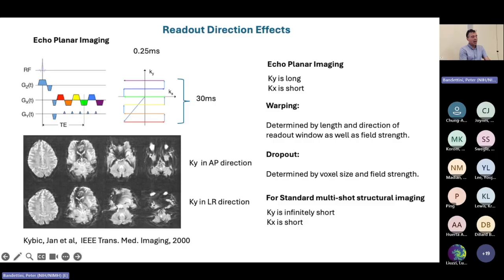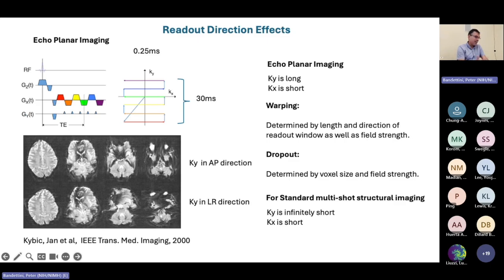If you, let's say, raster it, this is color coded right here, from bottom to top, it actually takes about 0.25 milliseconds to collect each line left to right. So that's really fast. And it takes about 30 milliseconds to go bottom to top.